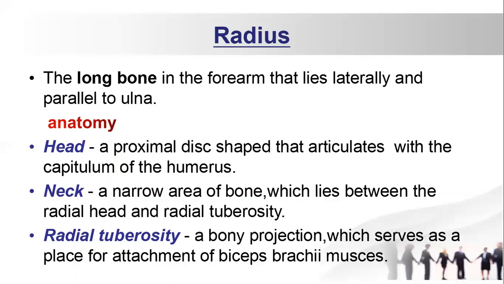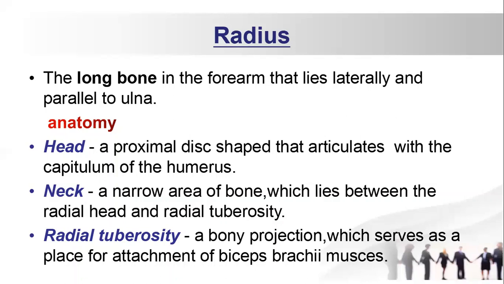The radial tuberosity is a bony projection which serves as a place for attachment of the biceps brachii muscle. So the biceps attaches to the radial tuberosity, while the triceps attaches to the olecranon of the ulna.